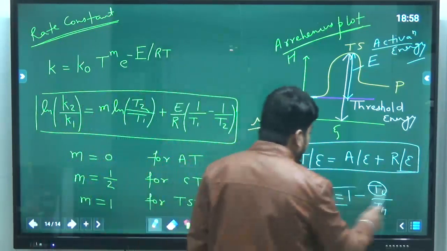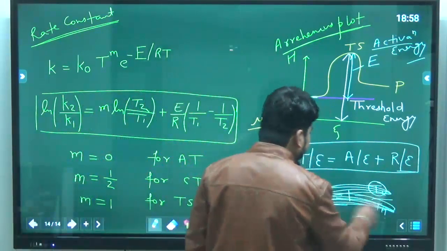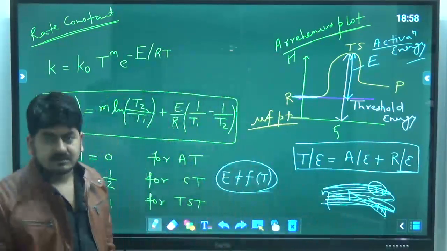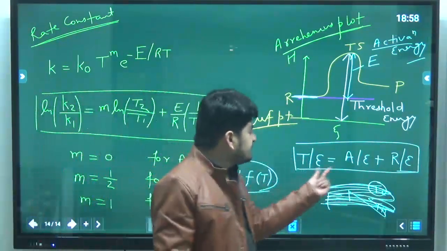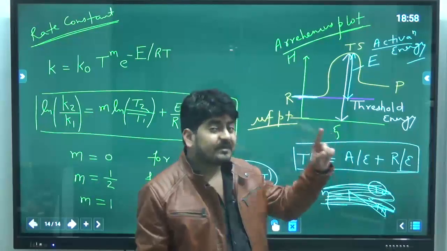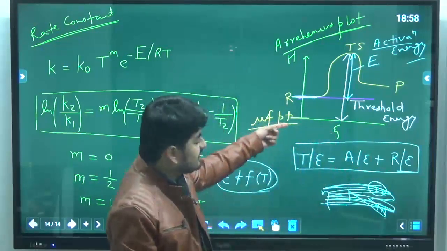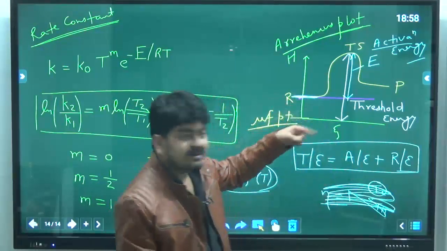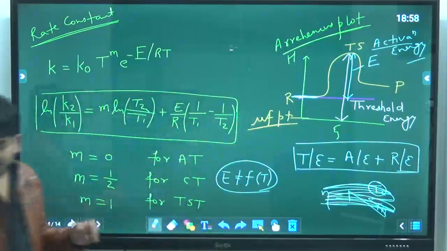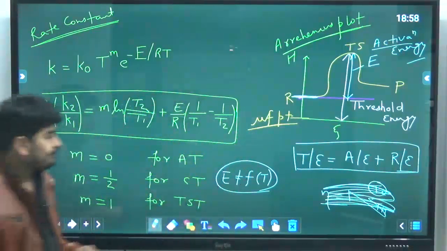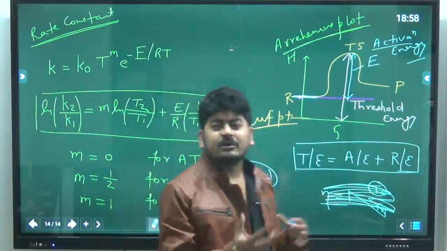Anyways, we will not go into those things. We will talk about this. So threshold energy and activation energy will be the same mathematically only when you take the reference point at the reactant level. All these things should be clear to you, because we can relate all the data.